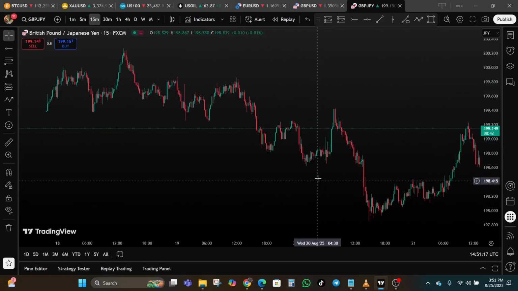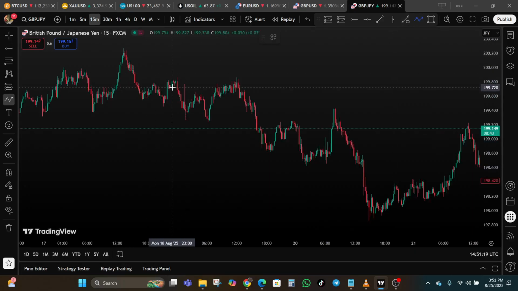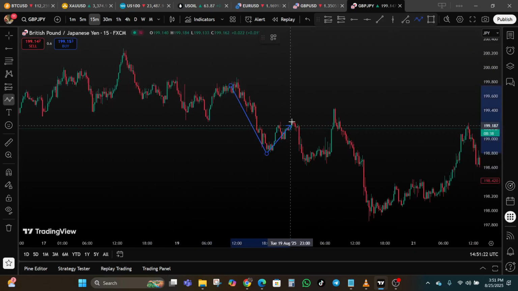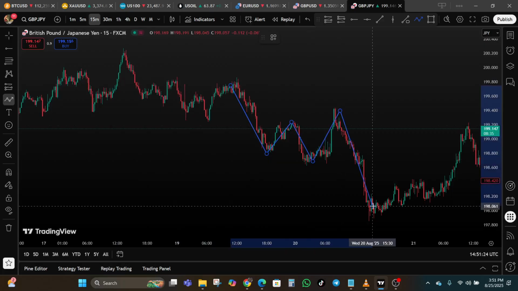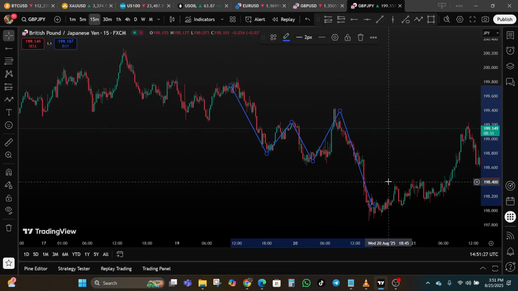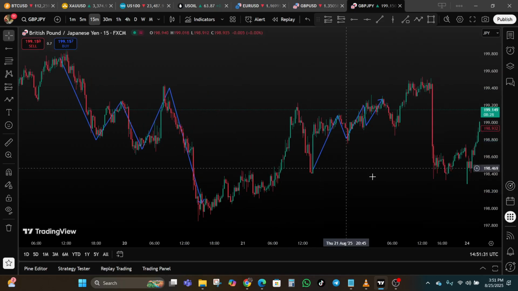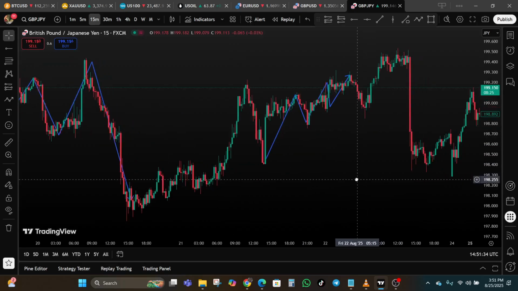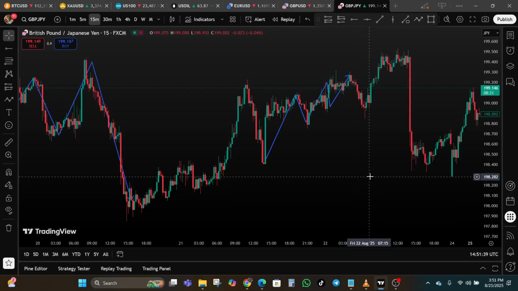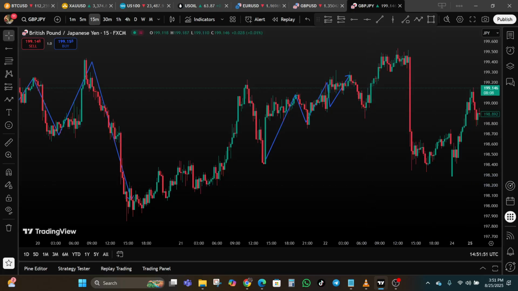You will see your lower highs and lower lows, signaling strength to the downside. Now, because the 15-minute candles form quickly enough, you can spot changes in structure faster than on higher time frames, but without the confusion of ultra short charts. So recognizing this structure is the foundation of the M15 trading strategy.